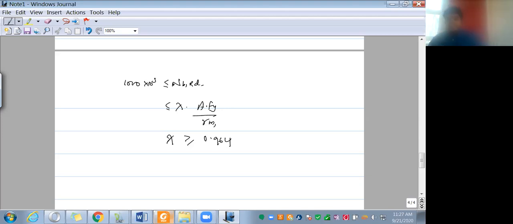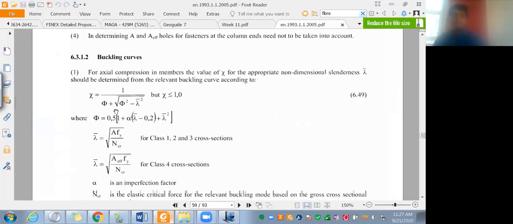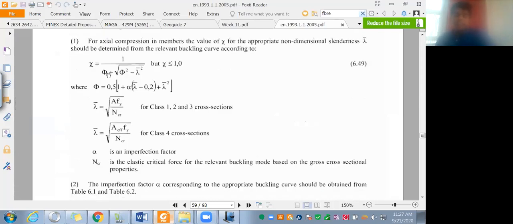So 0.964, and if you look at the code, we can obtain the chi value from this, and the psi from this equation, lambda bar from this equation. Another option is that you determine the lambda bar.